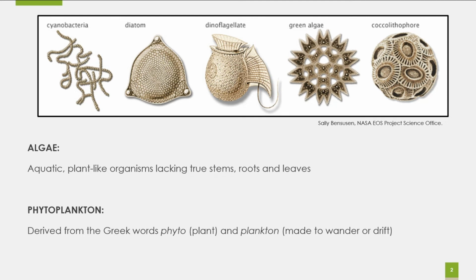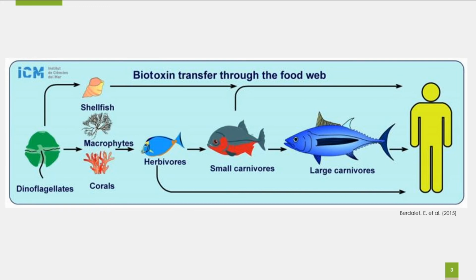Moving on to what are marine harmful algae. Again, this diagram says it all. They're marine organisms that can produce a toxin that, when consumed by shellfish, humans, and other animals, such as other marine animals or birds, can make them sick or even potentially kill them.